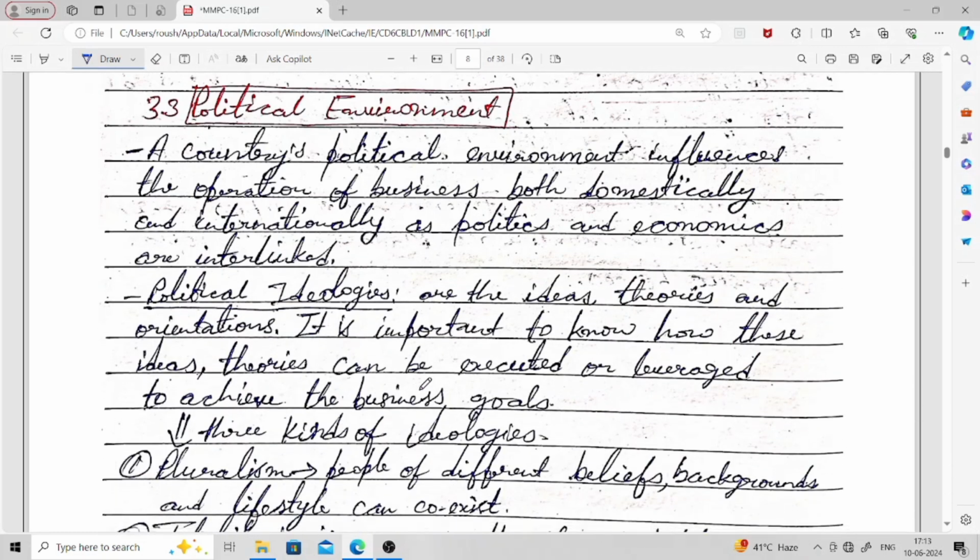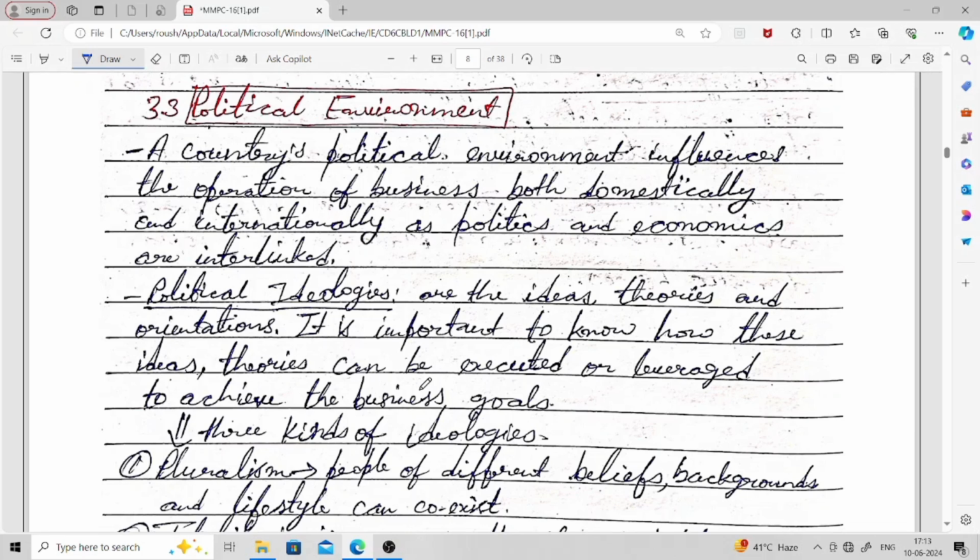The first environment is the political environment. A country's political environment influences the operation of business both domestically and internationally, as politics and economics are interlinked.